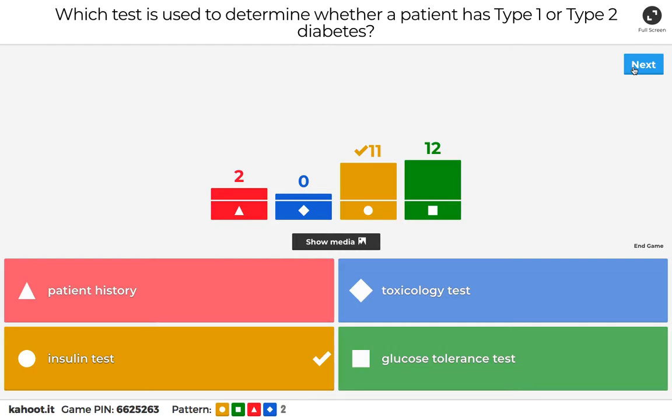Because type 1s won't make any, or they make very, very little. Type 2 makes it, it just doesn't work. Glucose tolerance just tells us they're diabetic because their blood sugar goes up and it stays there.